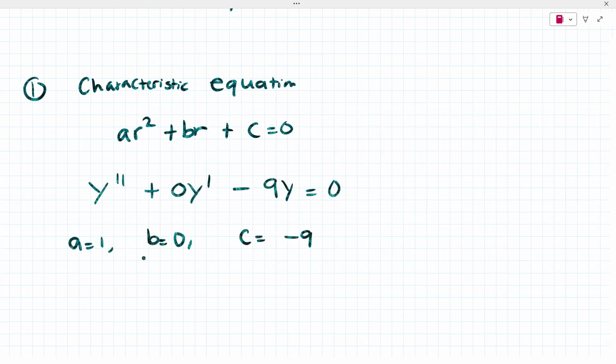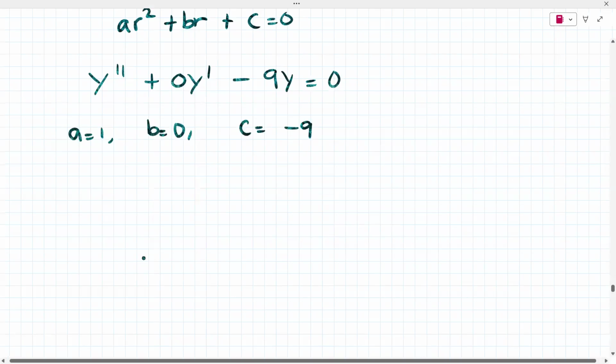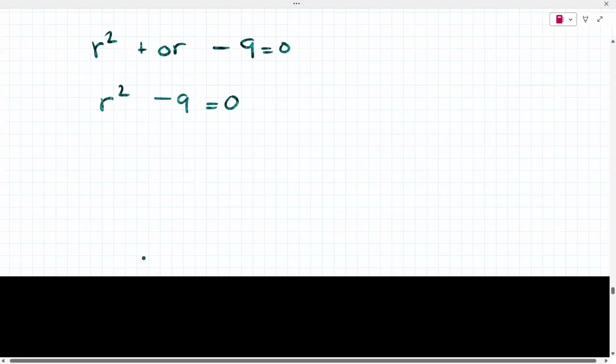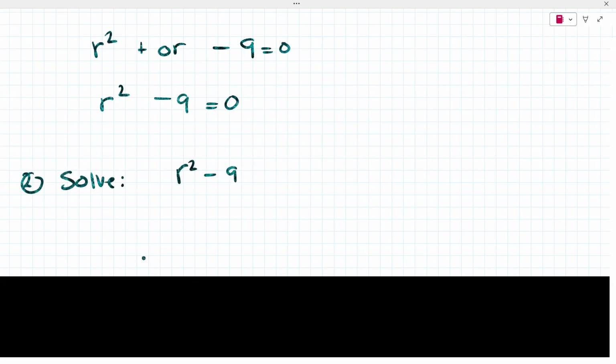So you can rewrite this as r squared plus 0r minus 9 equals 0, or you could say it's the same thing as r squared minus 9. Okay. Step 2, I'm going to solve. So it's going to be r squared minus 9 equals 0.